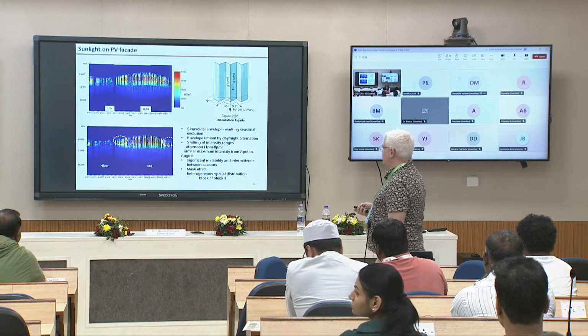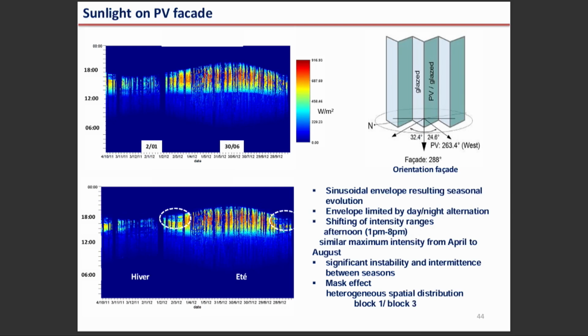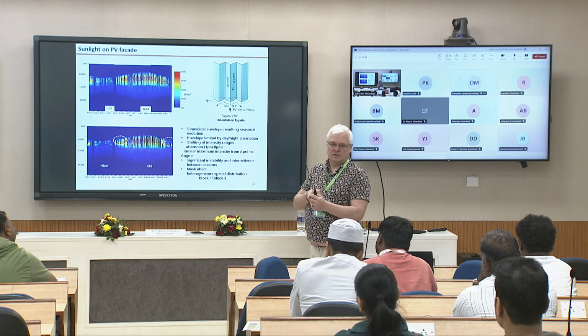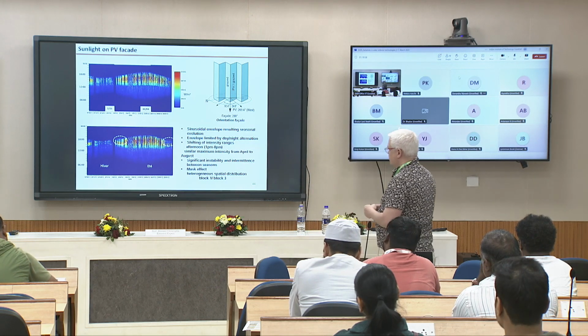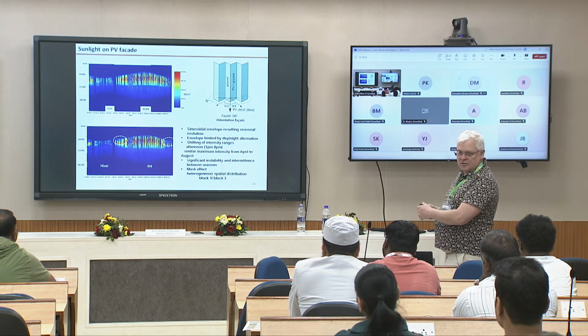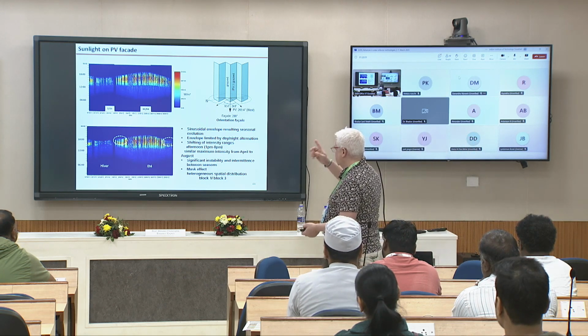So here are some results, because we made some experiments on the facade, for example. The results are presented in the shape of a carpet plot. That means that for every day we were plotting, hour per hour, the velocity, for example, or the irradiation. We made a lot of carpet plots like this.